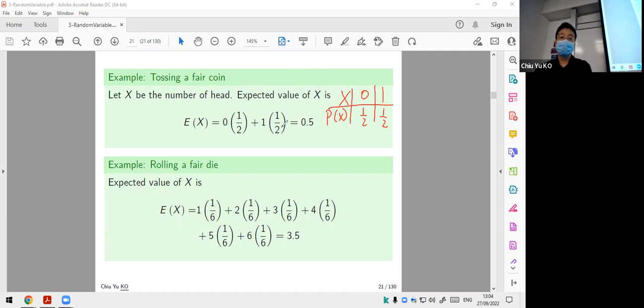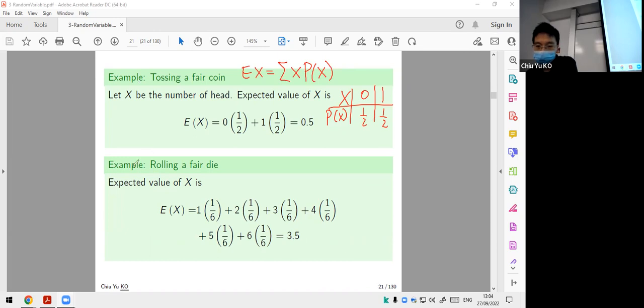Because the definition of expectation is just adding up all possible values of X times the probability of X. So we start from X equals 0, 0 times P of 0, plus 1 times P of 1. So I hope that is clear.